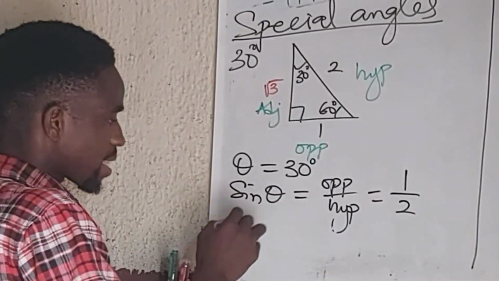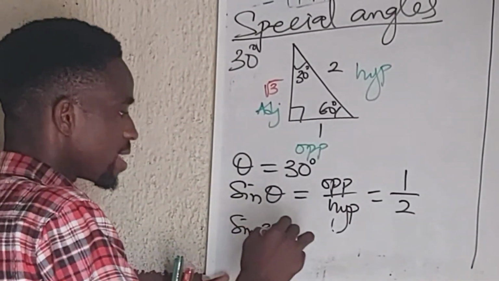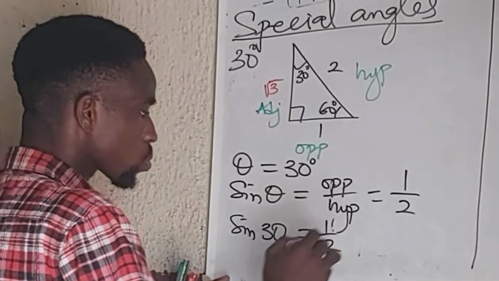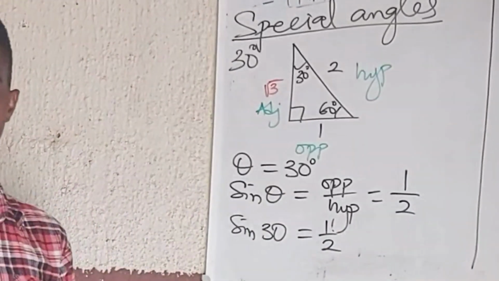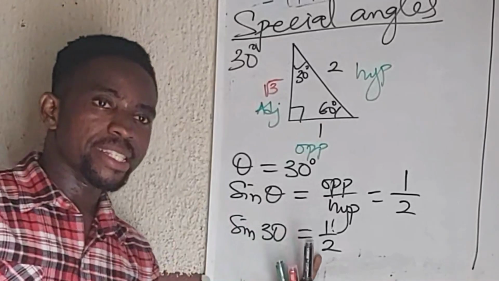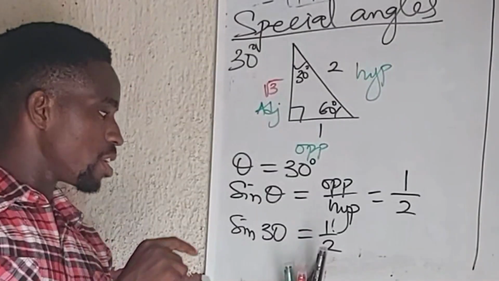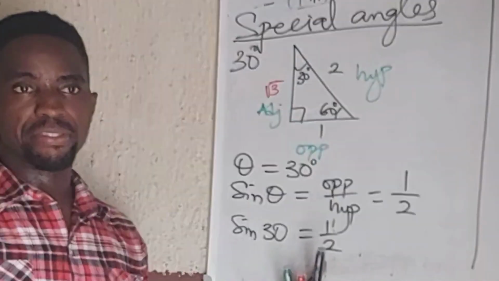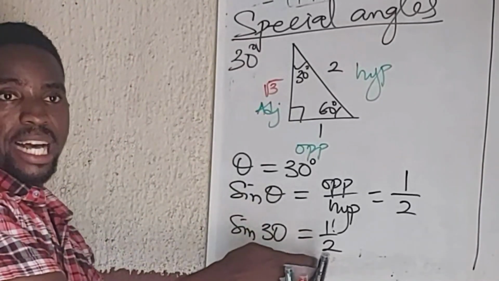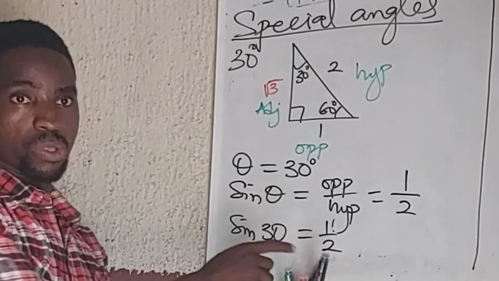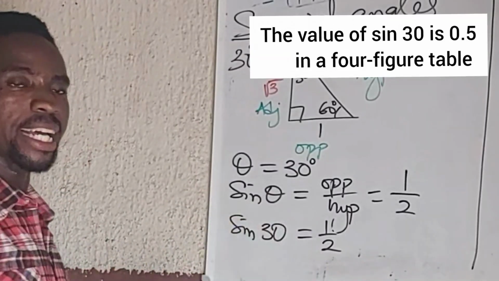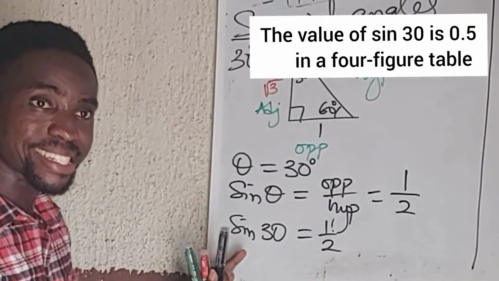So it means that sine 30 is going to be 1 upon 2. That's the value. If you press your calculator or you check your 4-figure table for sine 30, you are going to get 0.5. And that 0.5 is exactly 1 over 2, right? So then that's the value of sine 30.